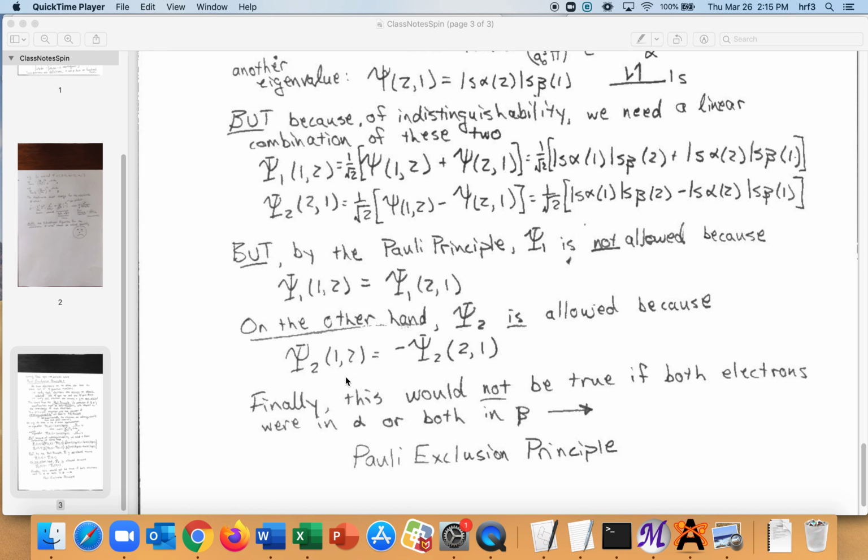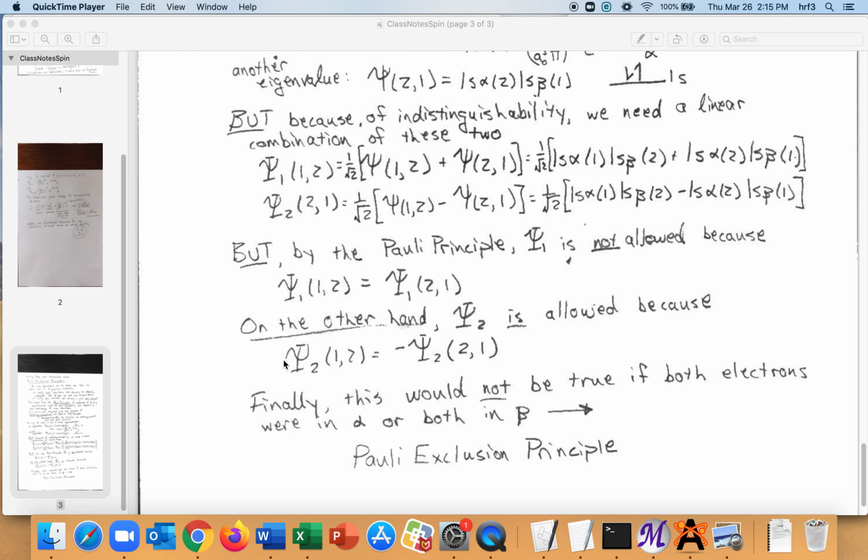But on the other hand, with psi 2, if we change 1 and 2 to 2 and 1, then this second term would be positive, and similarly this negative term. If we change 2 and 1 to 1 and 2, that would be negative this first term. So psi 2(1,2) is equal to negative psi 2(2,1).